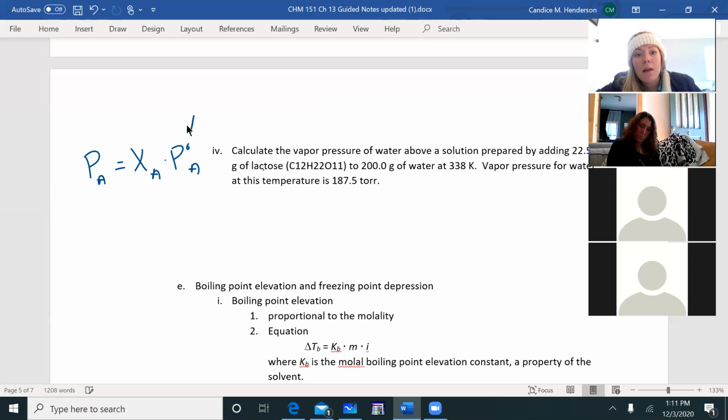So right here, this is the torr value. All we need to do is figure out this XA value. And so what does XA equal? XA equals our moles of the solvent, which is a little tricky, over total moles.